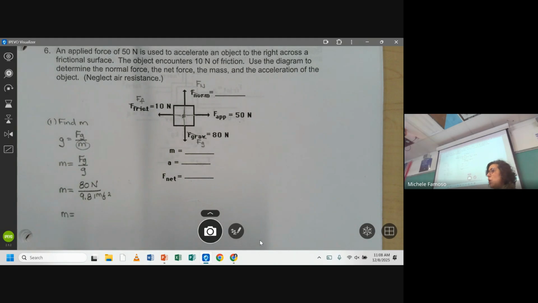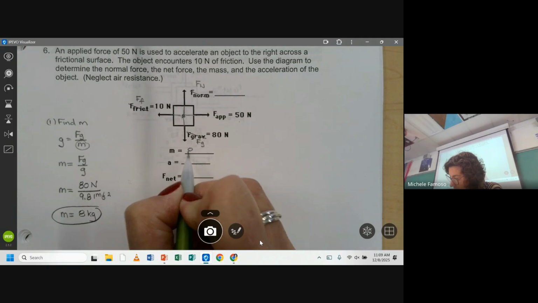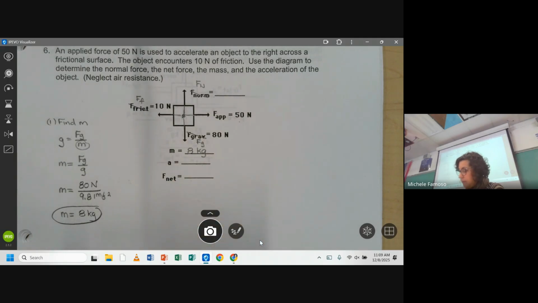Notice the 80 newtons only has one sig fig. So let's work that out. With one sig fig, Mohammed, what does that mean the mass is? 8 kg. I'm going to take that answer and put it on the line here. 8 kg.